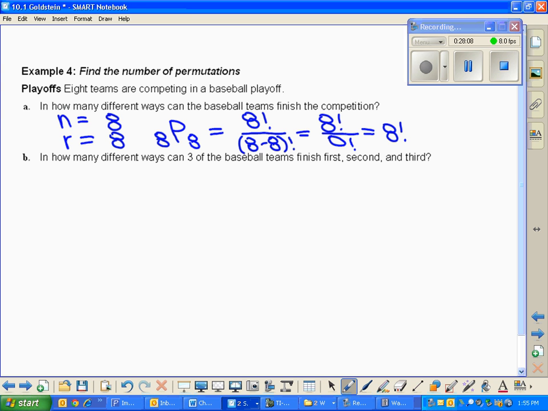Well, look what just happened. That's exactly what he said. If we have n and r as the same, we're just taking n factorial. And does someone have that answer for me? Yeah, Alec. 40,320 ways? You are correct.